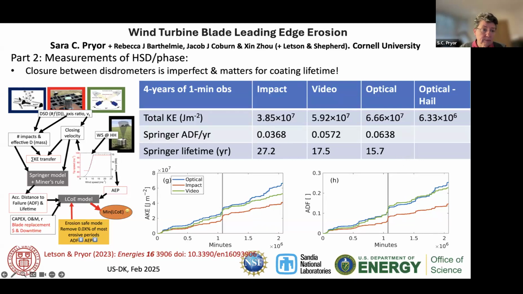If we're using the optical disdrometers, that coating lifetime is not quite double what we get from the impact disdrometer. So it tells us we need to better understand these disdrometers and why they're generating different size distributions, different fall velocities, and so forth for this application.